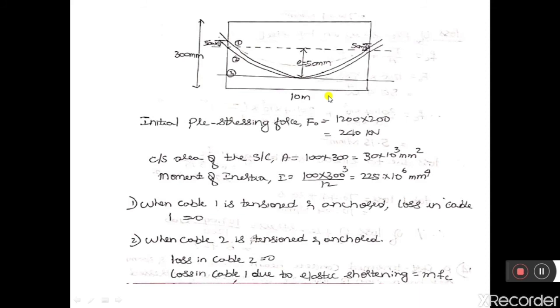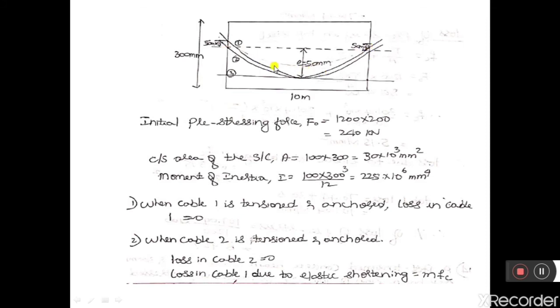As I said in my previous session and in previous problems, if I consider cable 1 and cable 2, each is a parabolic cable having two different eccentricities, at the center as well as at the support. Cable 1 has eccentricity at the center, here it is 50, and at the support it is plus 50.